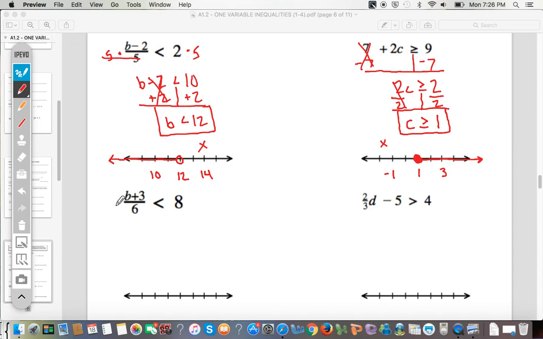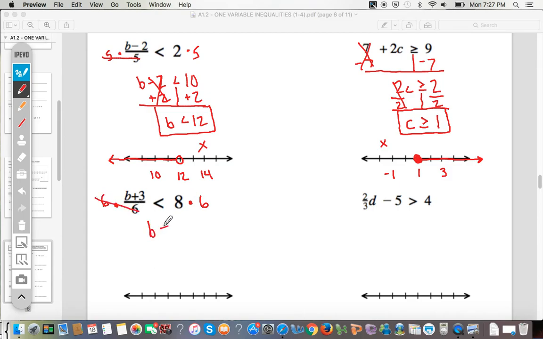Okay, moving on. I know we're going through these fast, but by this point we've already had a lot of practice solving one variable equations. These aren't much different. Okay, so if you need more practice with these, maybe check out the A1.1 level 1, 2, or 3 video. Okay, so these 6's cancel.